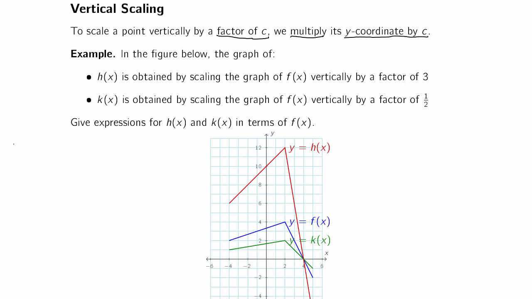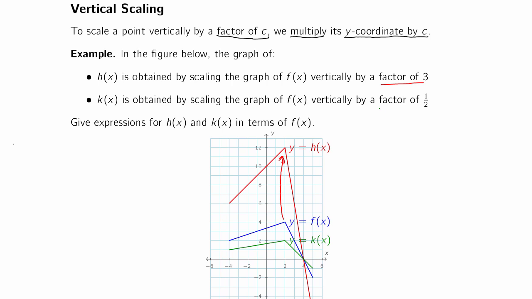So in this graph, h of x is the result of scaling f vertically by a factor of 3. So every point on the graph of h, its y-coordinate is 3 times the y-coordinate of the corresponding point on the graph of f.